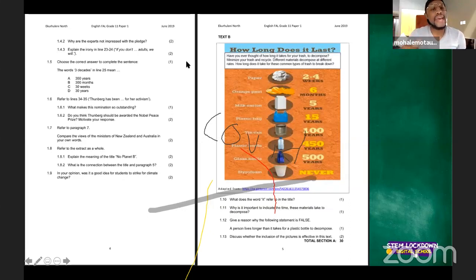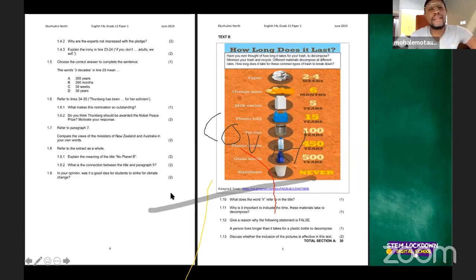Now, when we are explaining the meaning of the title, No Planet B means we don't have another planet to live in. Just look at this. We are simply saying there is no other planet B that we're going to live in. So we need to look after planet A because there is no other planet B.